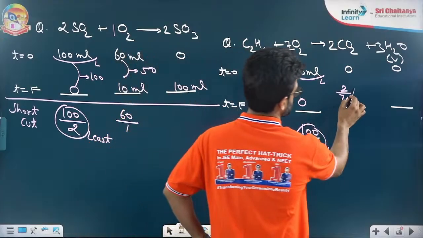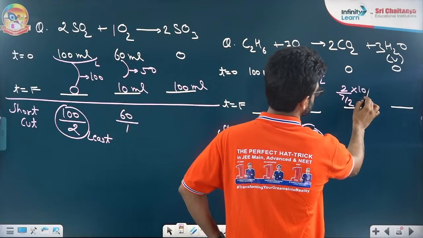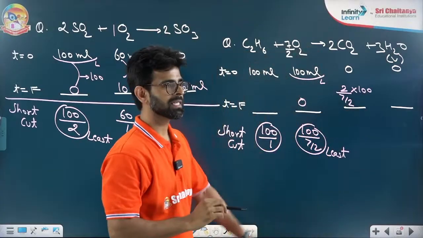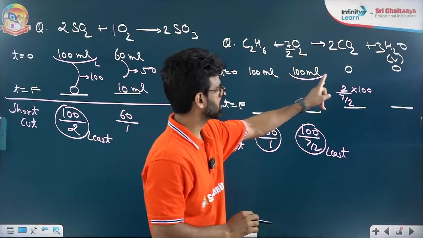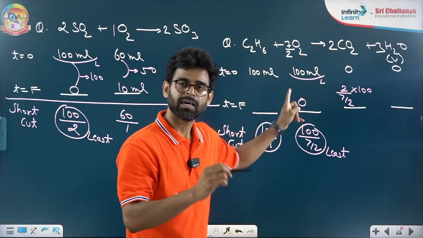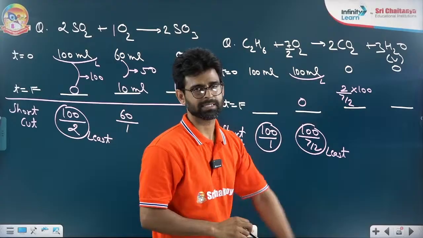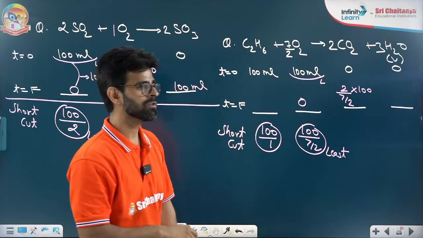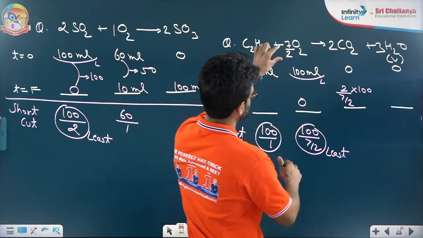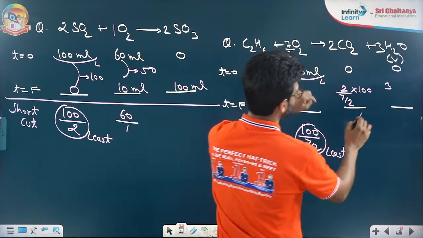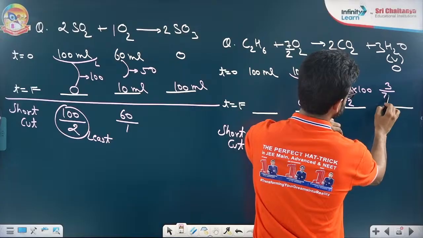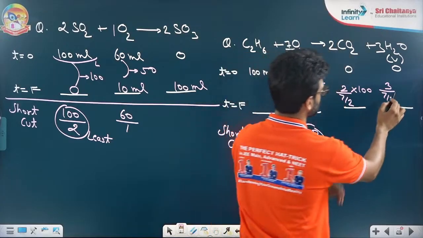Into 100. Just I am saying unitary method. I am saying once again, 7 by 2 give me 2 ml. 1 give me how much? 2 by 7 by 2. 100 give me how much? Into 100. Right? The next case, if you go for the water, you can say 7 by 2 give me how much? 3. Right? So 1 will give how much? 3 divided by 7 by 2. And 100 give you how much? Into 100.